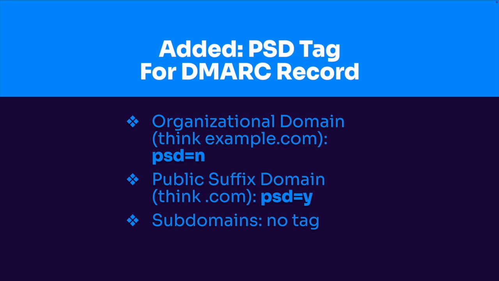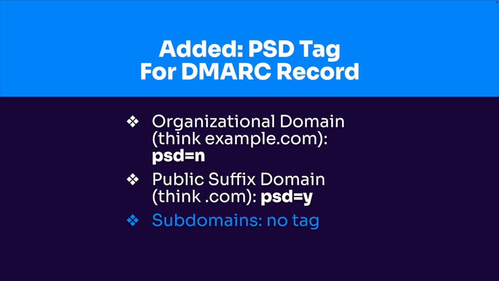The updated specifications also introduce explicit DNS signaling around organizational boundaries through the PSD tag, allowing domains to declare themselves either as organizational domains by specifying psd=n in the DMARC record, or public suffix domains by specifying psd=y.